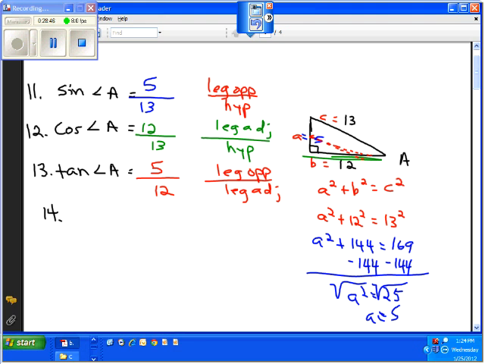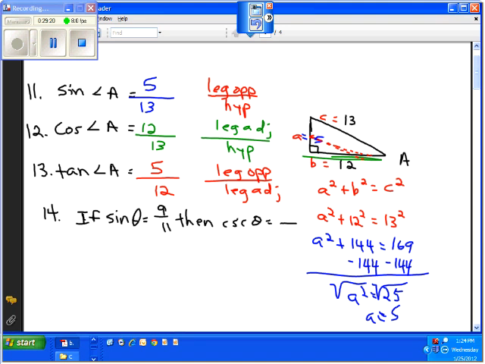Now, on number 14, what we're saying here is if sine theta is 9/11. Now, this has nothing to do with that picture over there anymore. We just changed pictures. We're just making a statement if sine theta is 9/11, then cosecant theta is equal to what?